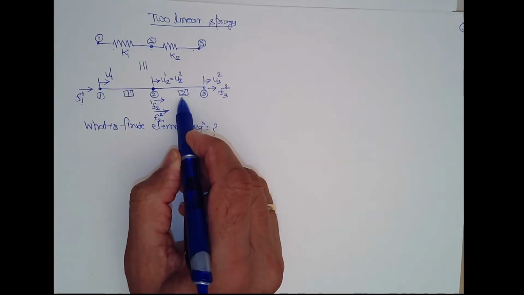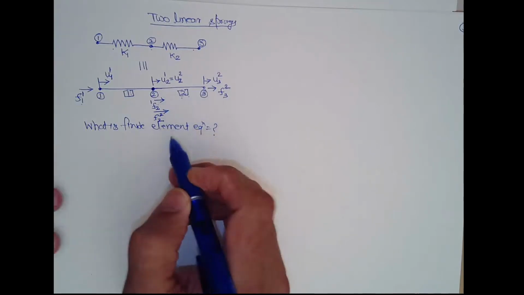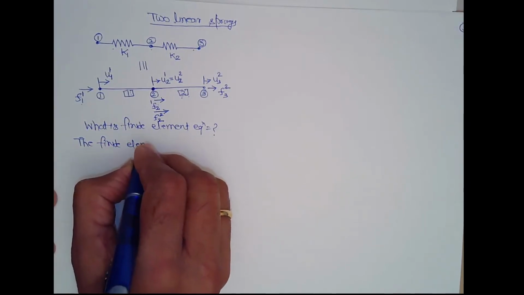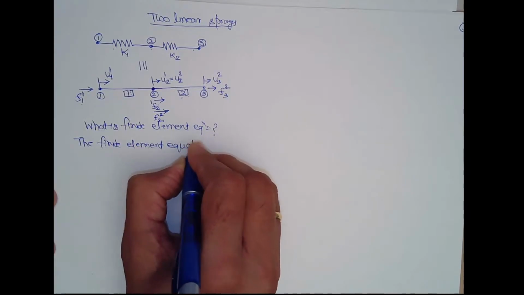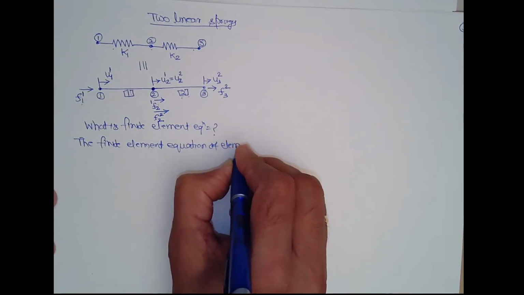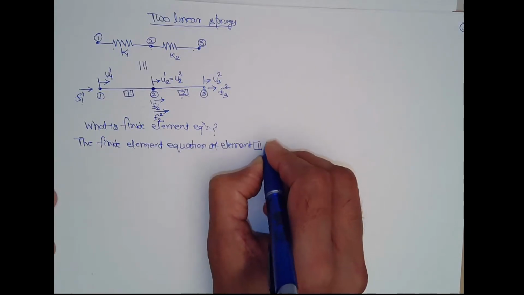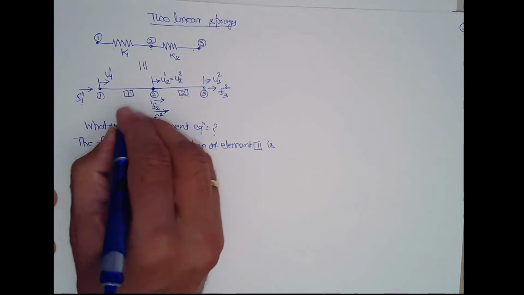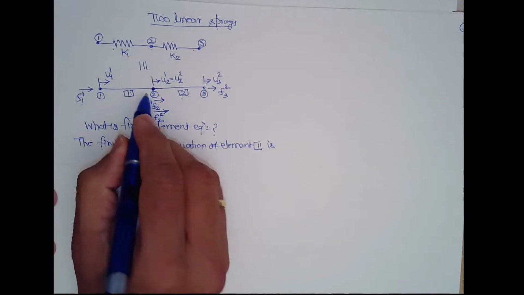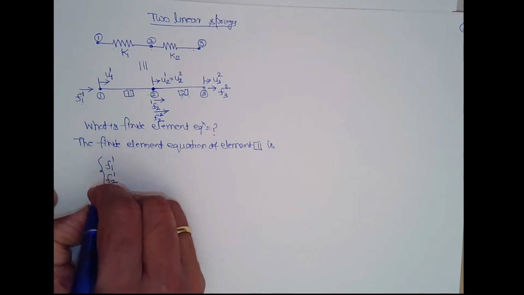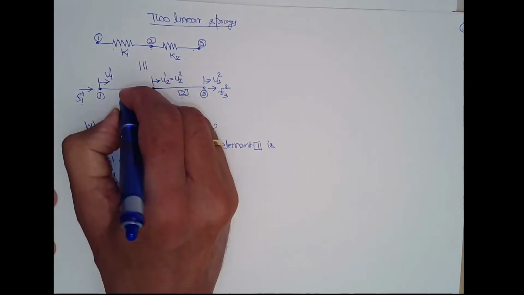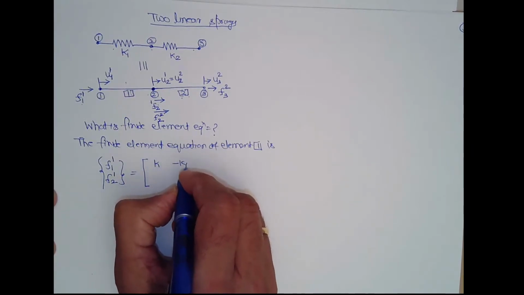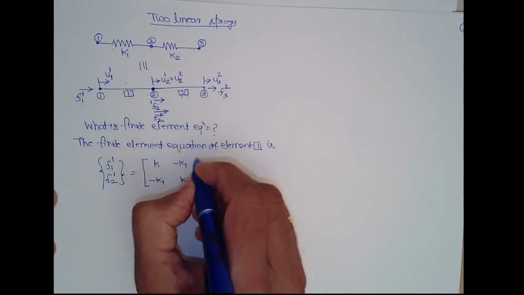So let us do it this way. The finite element equation of element 1: I am writing F1 for element 1, F2 for element 1. The stiffness is K1, so I write K1, minus K1, minus K1, K1, because we derived it this way.